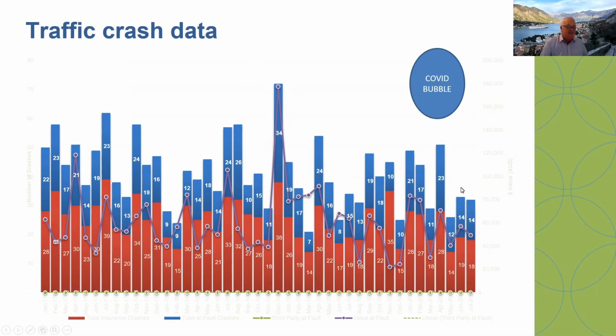Sorry, clicked the wrong button. This bar here and this bar here was lockdown in Queensland, services suspended. Now you'll look at that and go, well, hang on, why did you have so many crashes? The reality is that the majority of those crashes were because the cars were off the road.